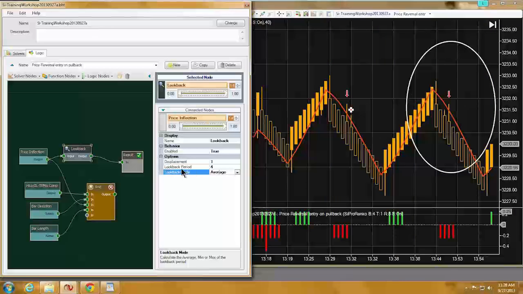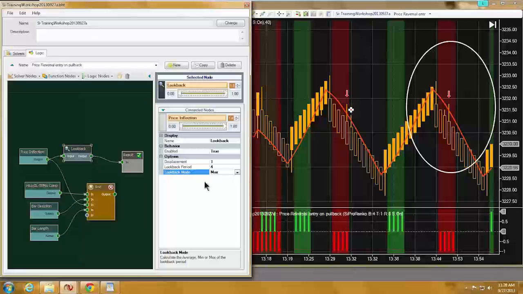As soon as you increase the Lookback period greater than 1, you'll see this extra option drops down here. What I'm going to be looking for is, I believe I want the max. Yes, I want the max.